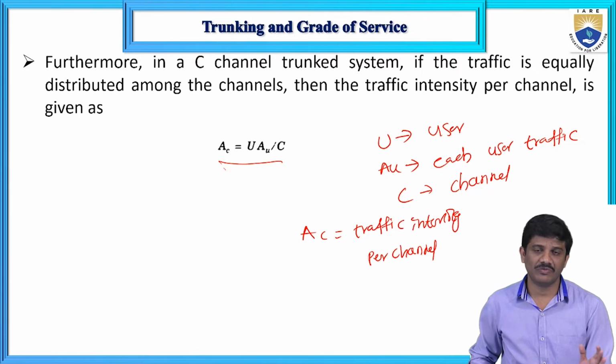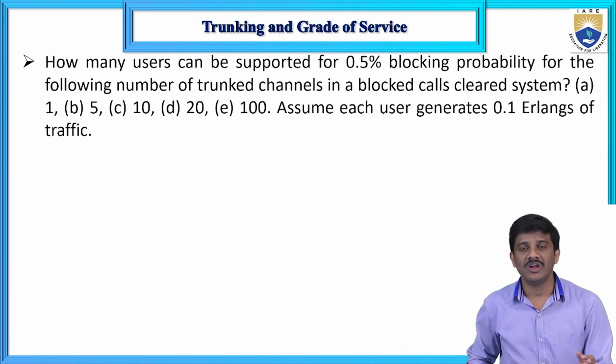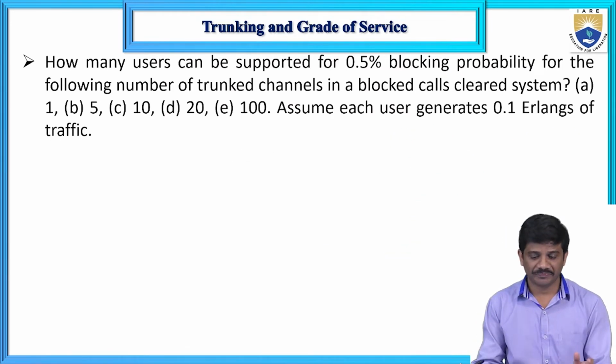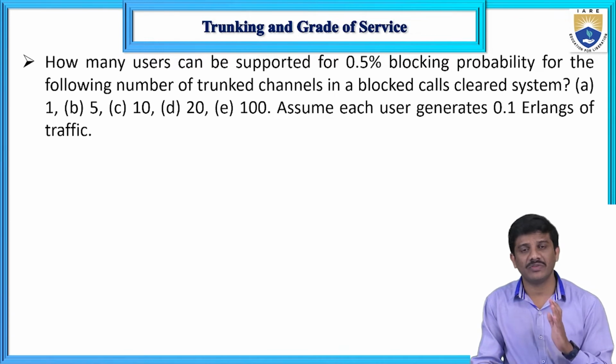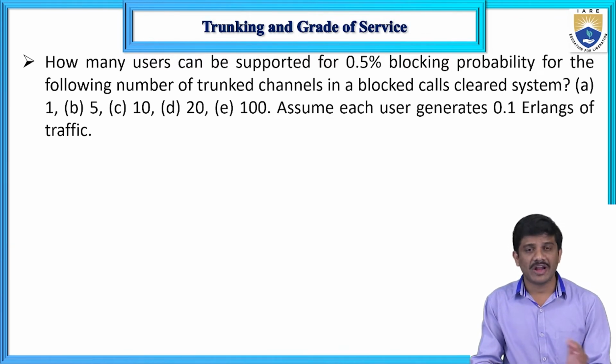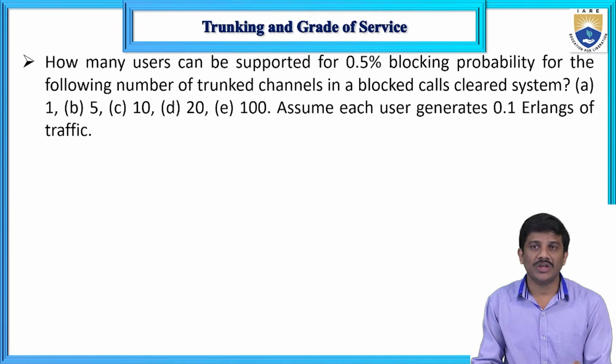This is the one formula for trunking and grade of service. Once we see one problem, you can understand a clear picture about trunking, what the grade of service is, and how we can find the total traffic intensity, each user's traffic intensity, and the number of users. For example, you can see here: how many users can be supported for 0.5% blocking probability for the following numbers of trunked channels in a blocked calls cleared system?